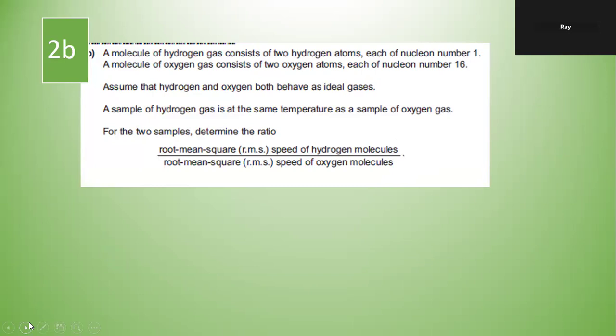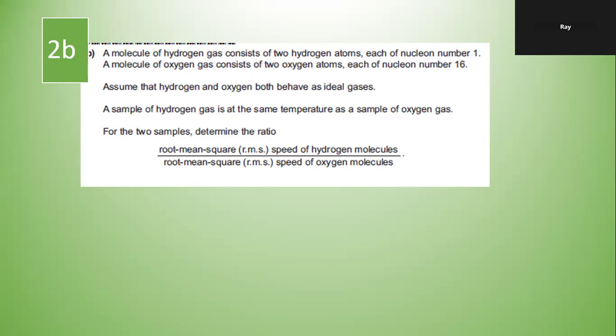A molecule of hydrogen gas consists of two hydrogen atoms, each of nucleon number 1. A molecule of oxygen gas consists of two oxygen atoms, each of nucleon number 16. Assuming that hydrogen and oxygen both behave as ideal gases, a sample of hydrogen gas is at the same temperature as a sample of oxygen gas.